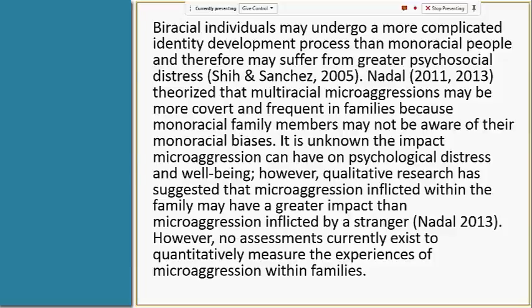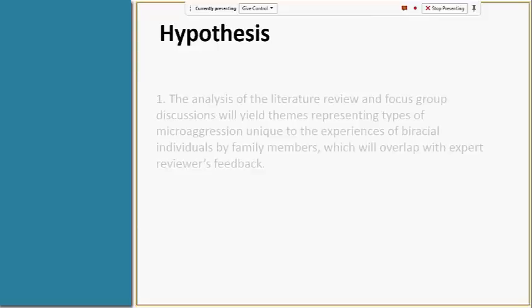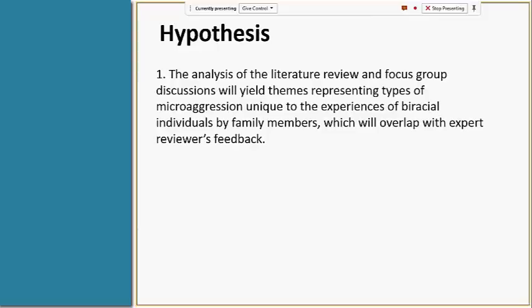And then after that, that's all one paragraph. After that, this person states their hypothesis. I've only listed 3 of them, just to shorten it a little bit, but they have the analysis of the literature review and focus group discussions will yield themes representing types of microaggression unique to the experiences of biracial individuals by family members, which will overlap with expert reviewers' feedback.